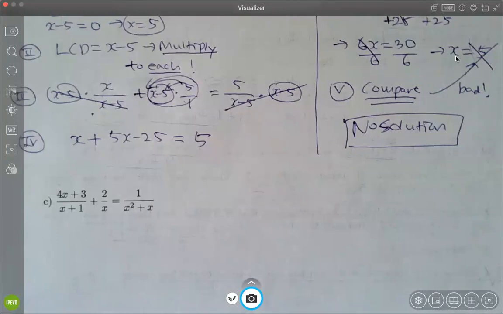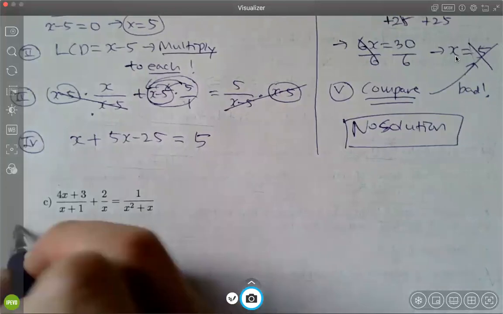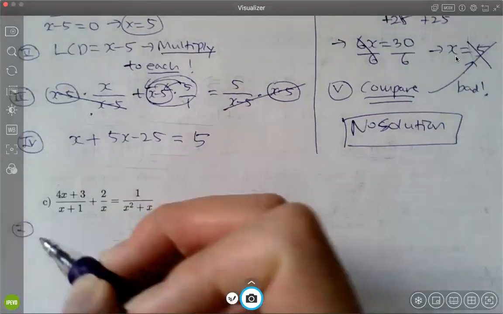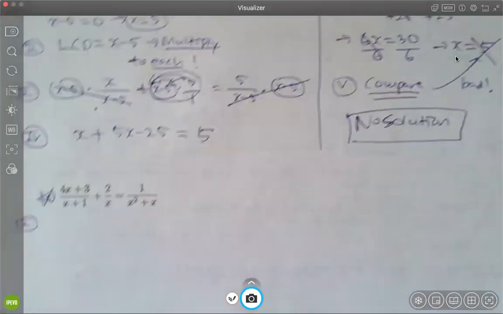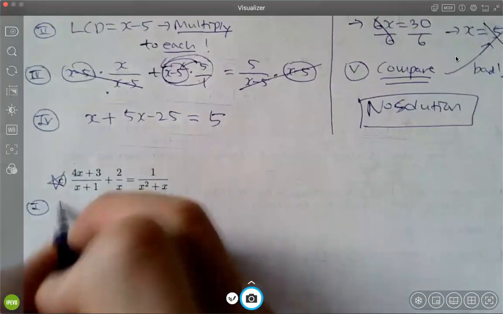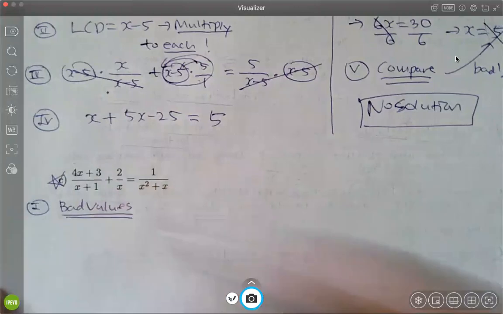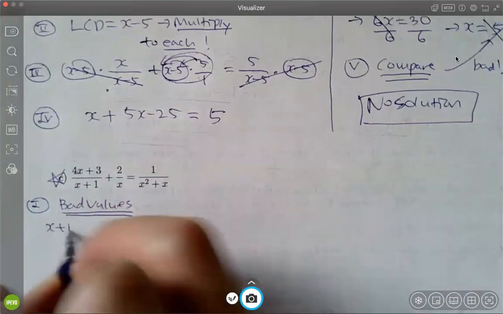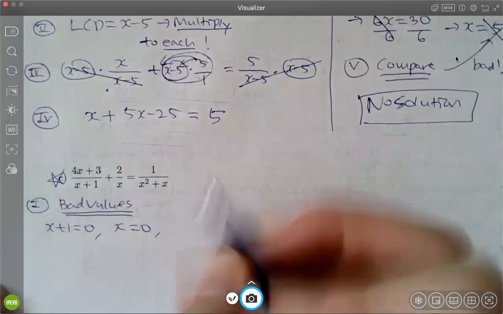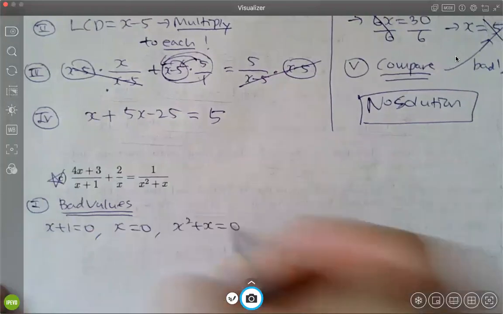For this problem, again, let's find the bad values. Just as a warning, this problem will be a little bit long. So, bad values. What do we do? Set denominators equal to 0. So we have these three equations.